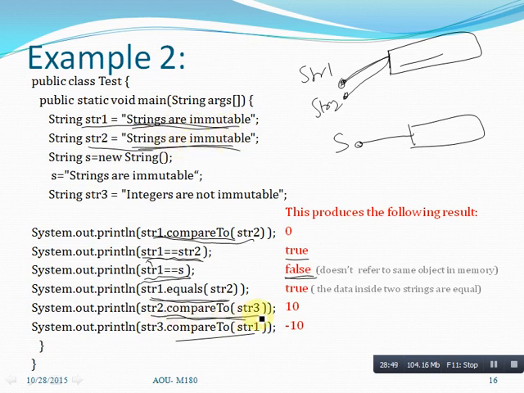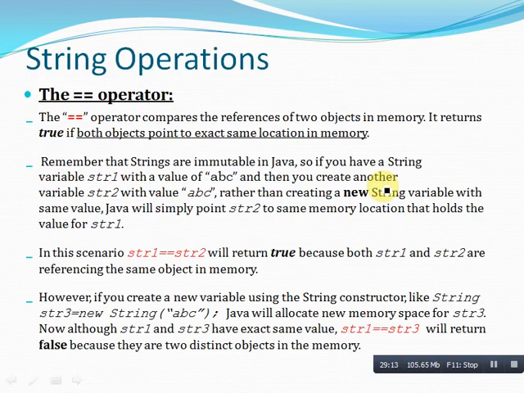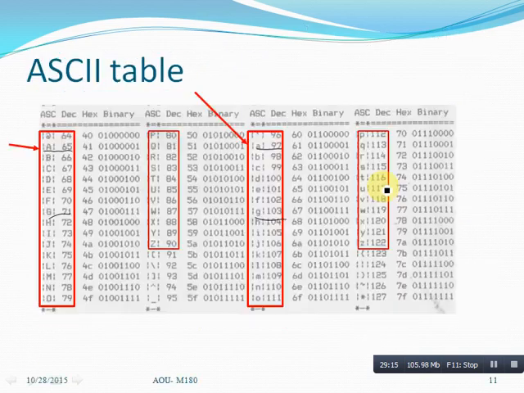str2.compareTo(str3) returns 10 because if you check str2, it is strings with capital S, and in str3 it is I. So if you do capital S minus capital I, you have to look back to the ASCII code table for S and I. Capital S has 83 and I has 73.